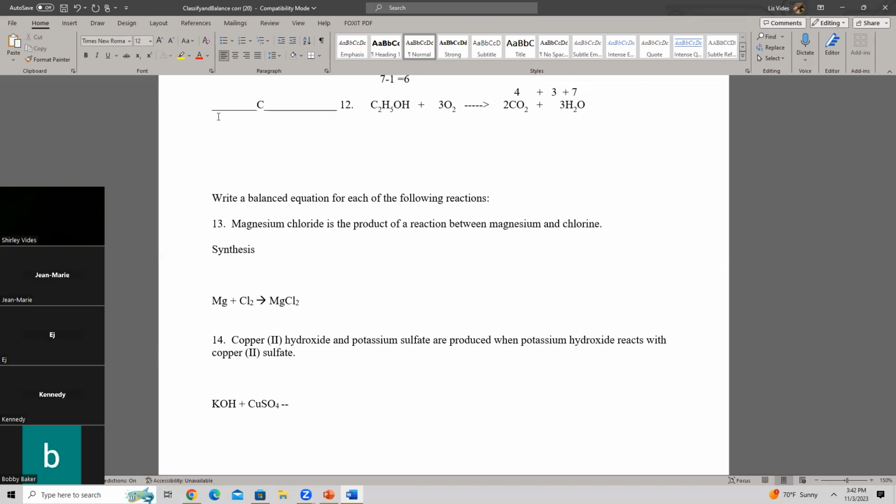That means we're producing copper 2 hydroxide, Cu(OH)2, plus potassium sulfate, K2SO4. Okay, now let's put the 2's where they belong and the 4's where they belong, because they all belong, and it's a subscript.